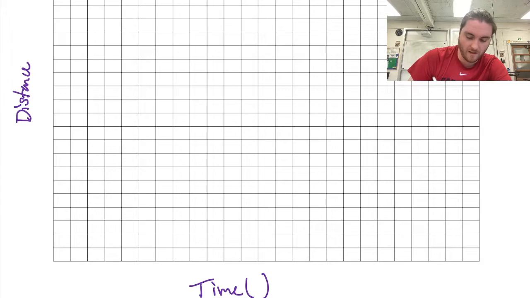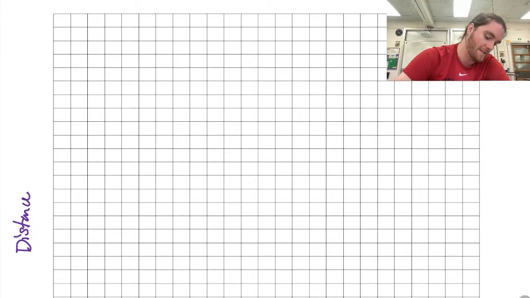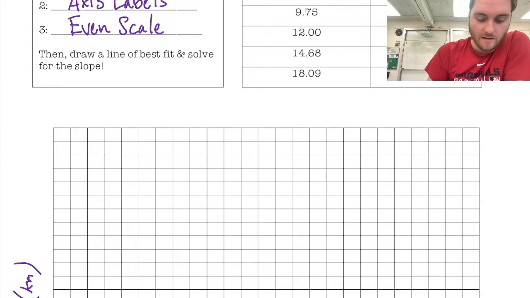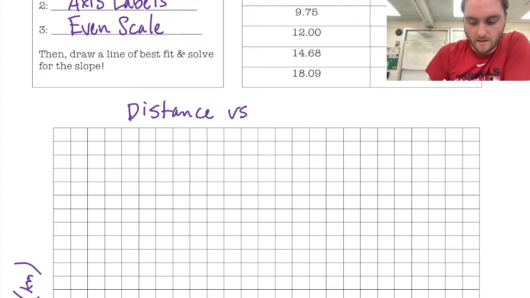I thought it was kilometers, meaning that is not seconds. That is hours, and then my distance is in kilometers. If I write a title for a graph, I always must restate my variables. So my title is just going to be distance versus time.